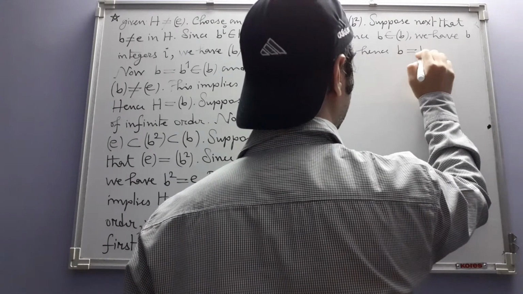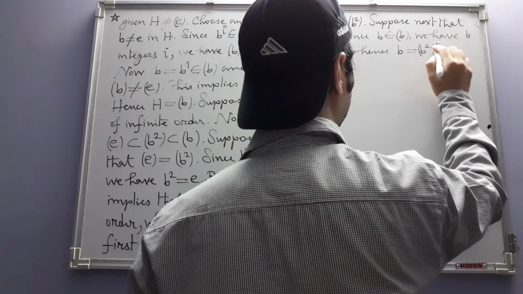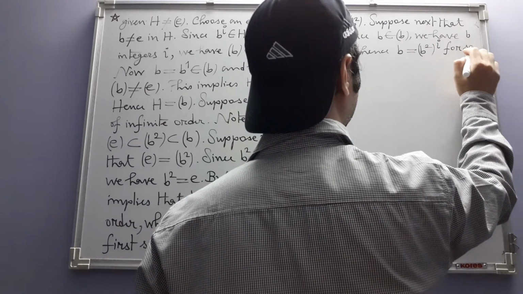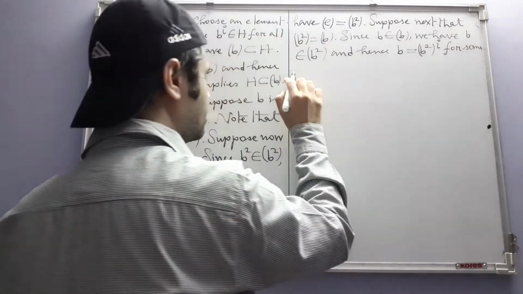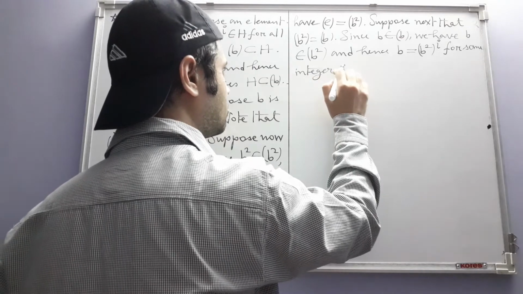B is equal to B square to the power I for some integer I.